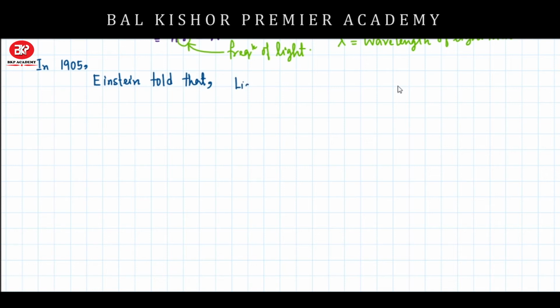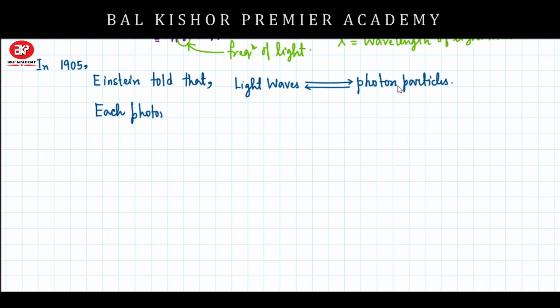That means we can think of the light waves in the form of particles, and these are nothing but photon particles, and each photon particle has energy Ep equals h into nu, where nu is the frequency of the light that is incident, or h into c by lambda, where c is the speed of light and lambda is the wavelength of the light. So from this we can find the linear momentum of the photon.